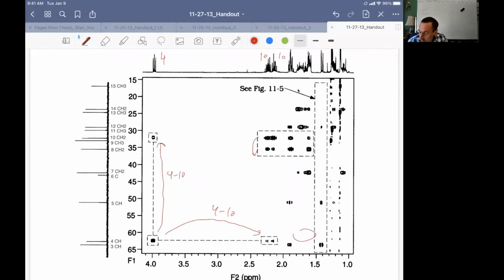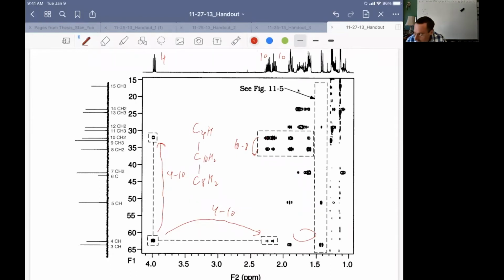Now we unambiguously move from 10 to 8. So in other words, we've now set up that we have our C4H connected to the C10H2 connected to C8H2. And that starts to be really, really nice.